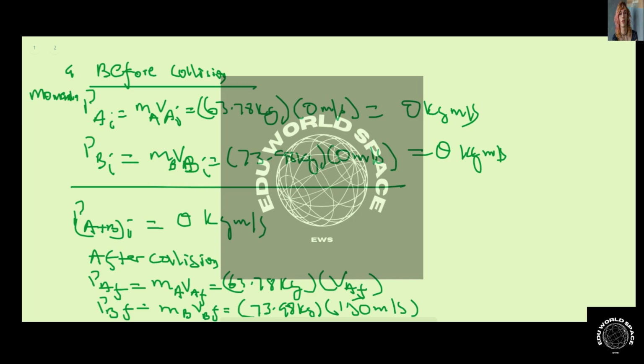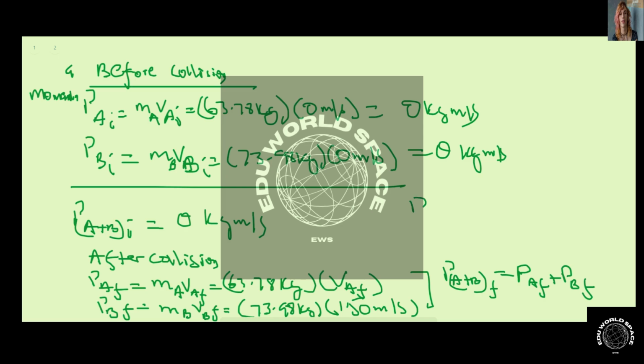Okay, 1.50 meters per second. This means that the total final momentum of A and B is just going to be the sum of all of these. So, combining PA final plus PB final.